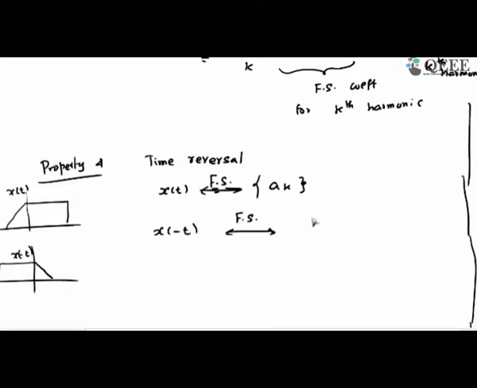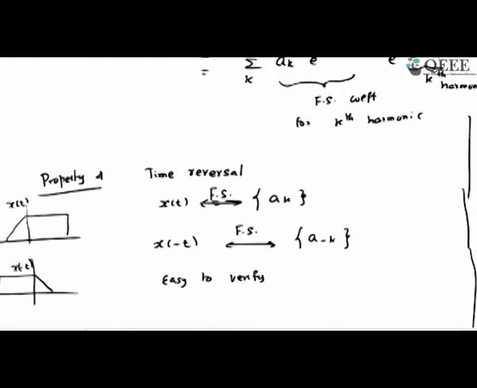So, if I time reverse it, what happens is, interestingly, the Fourier series coefficients also get reversed. So, whatever was on the kth harmonic, it will go to the negative kth harmonic. So, the coefficient which multiplied the kth harmonic in x of t, the same coefficient now will multiply the negative kth harmonic in x of minus t. Okay, so this is easy to verify.